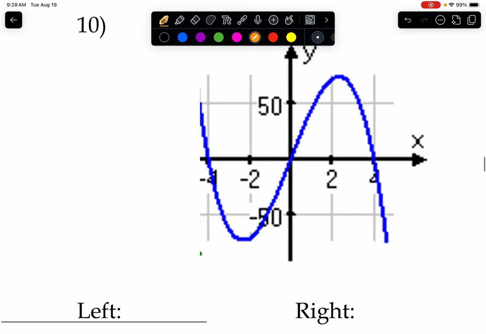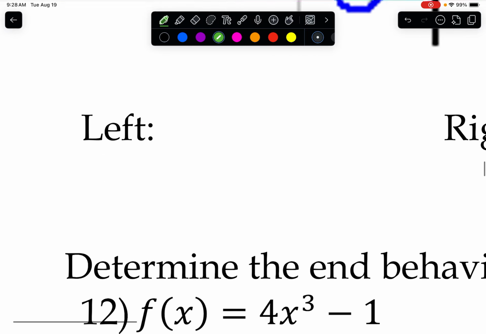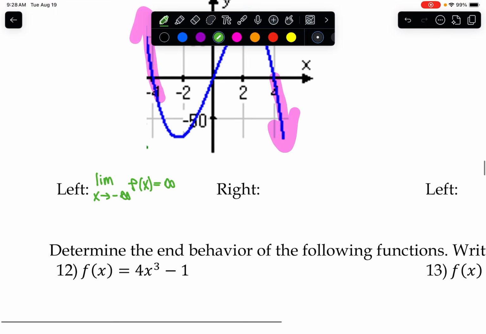So for the next one, now we've got, as we go to the left, it's going up, and as I go to the right, it's going down. So with this graph, my limit as x is approaching negative infinity of f of x is going to be approaching positive infinity since we're going up.